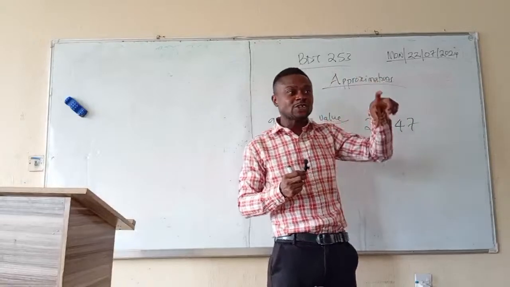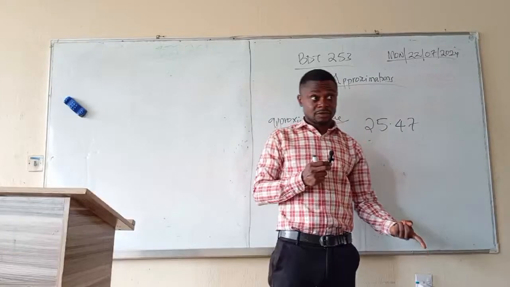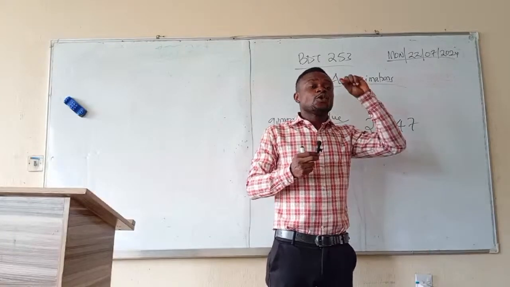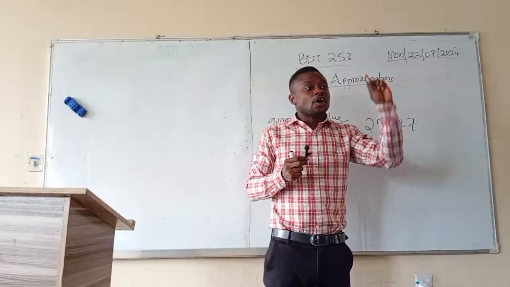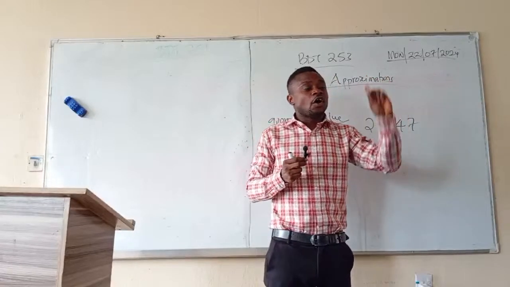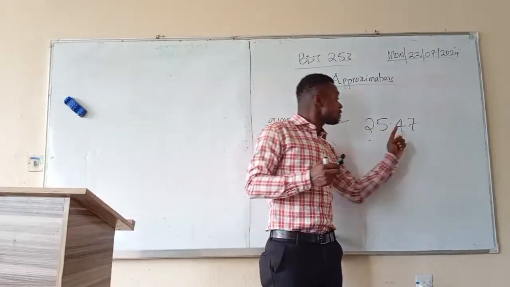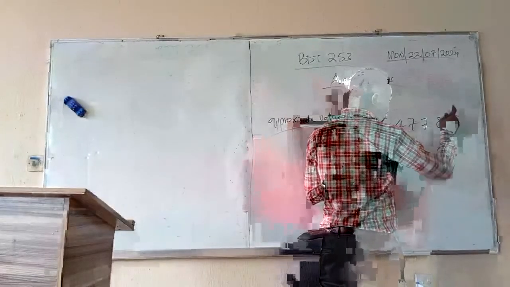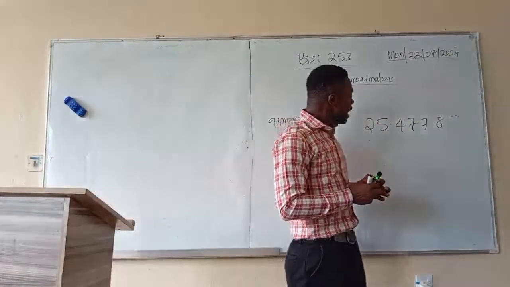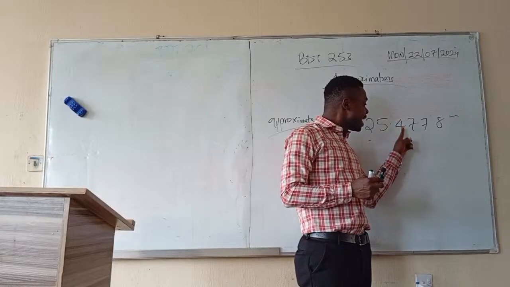So the type of approximation you want to do will determine the digit you want to round. If you are asked to approximate to the nearest, the digit you want to round is 4, right? 874 whatever here, right?